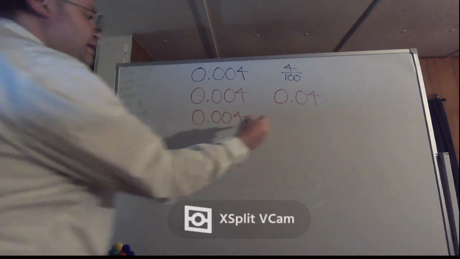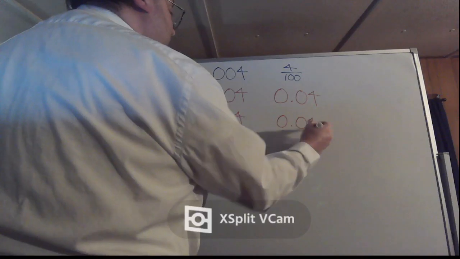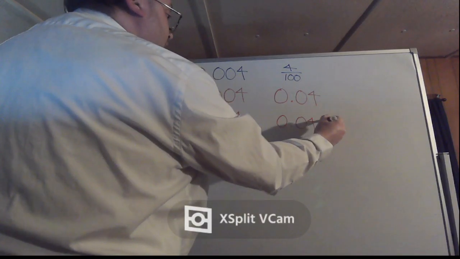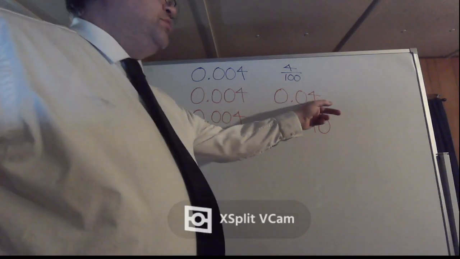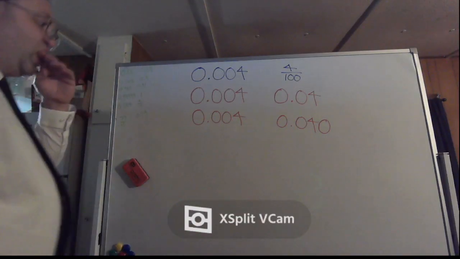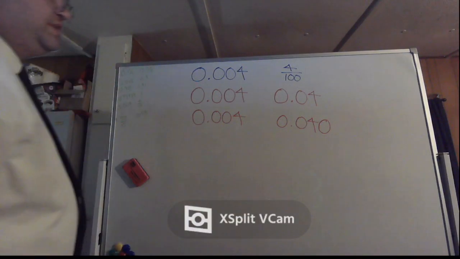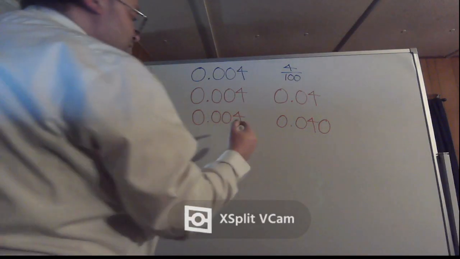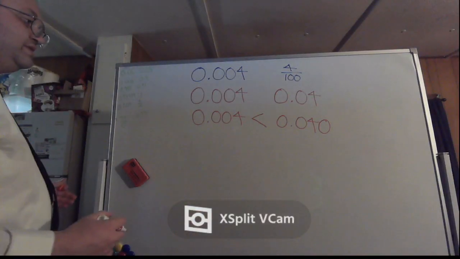So you will have 0.004, and then you'll have 0.04, and then there's a 0 by default in the place after the 4. Because remember, everything to the right of that number, there's an infinite number of zeros. So now we are left with 4 thousandths and 40 thousandths. Definitely the 40 thousandths will be bigger. So 4 thousandths is less than 40 thousandths.